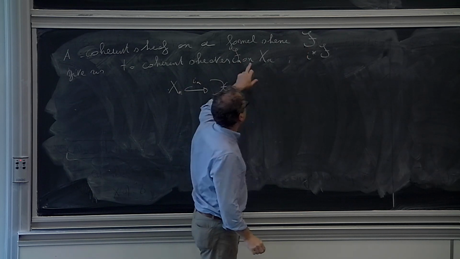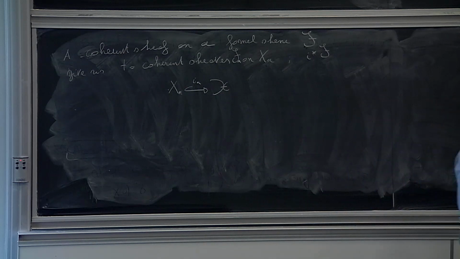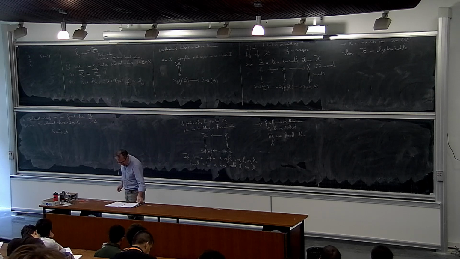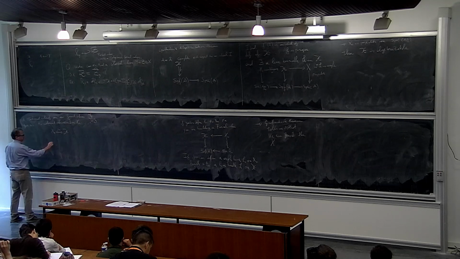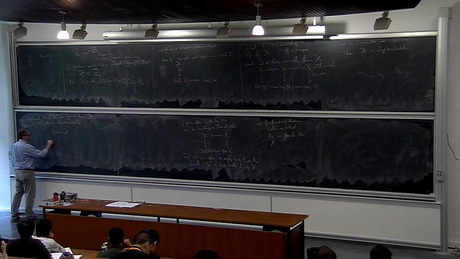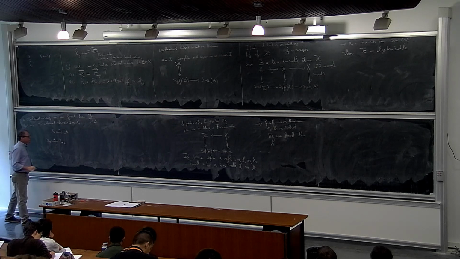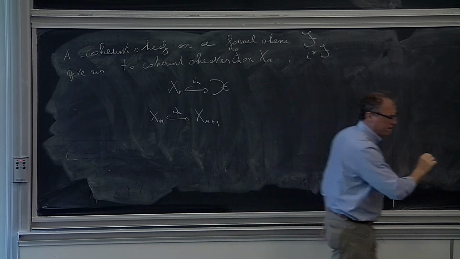So you have this formal scheme, these sheaves, and you restrict to each of the Xn, and you obtain a sequence of coherent sheaves. And actually, you can reverse the situation. I also have some maps Xn included inside Xn plus 1, call it Jn.